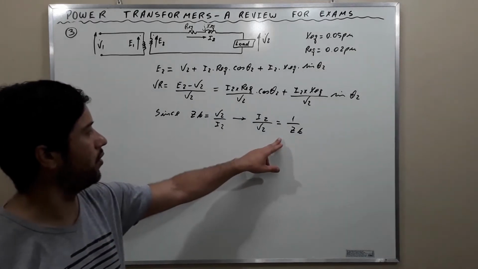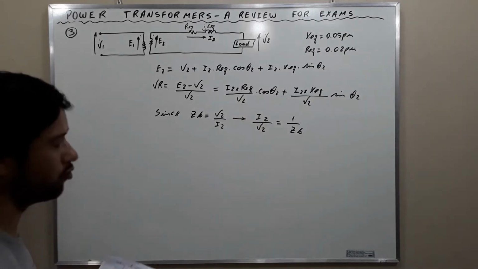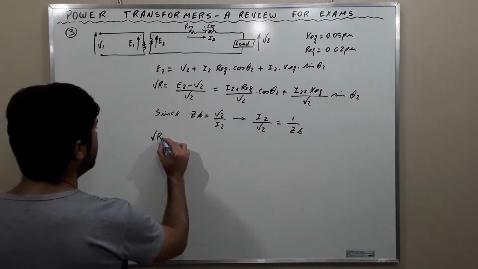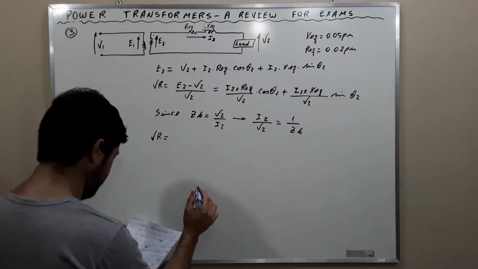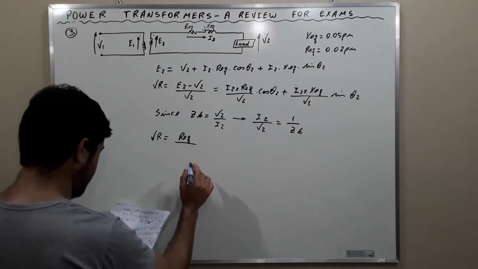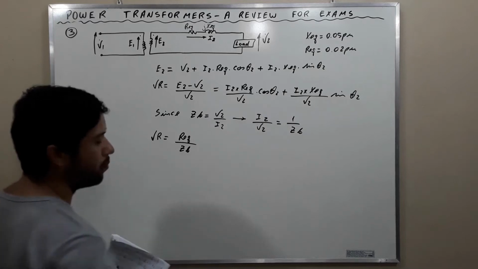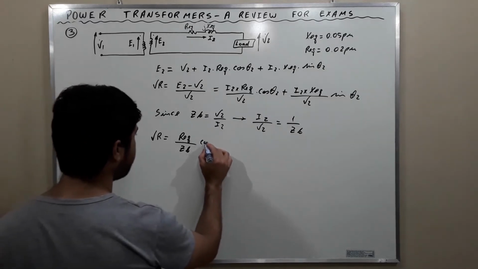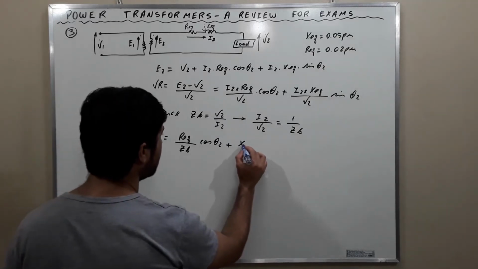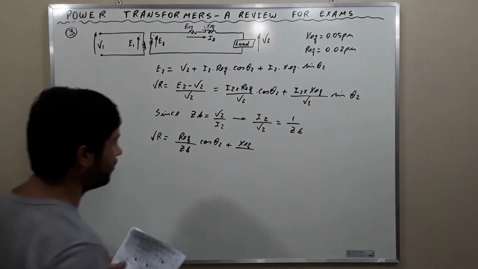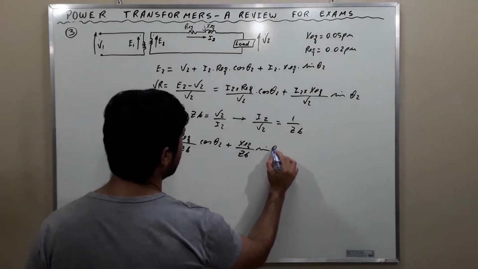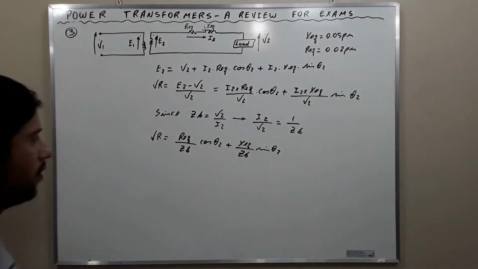We're going to use this here to get to the expression we're going to use. The voltage regulation is therefore the equivalent resistance divided by the base impedance times the cosine of the angle plus the equivalent reactance divided by the base impedance times the sine of the angle.